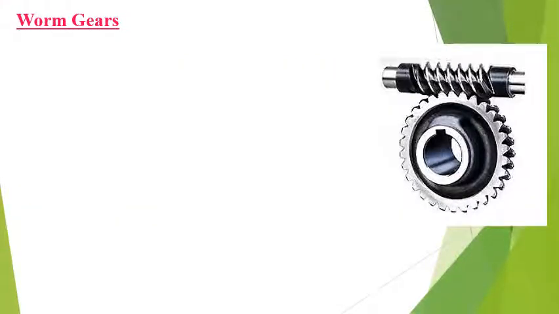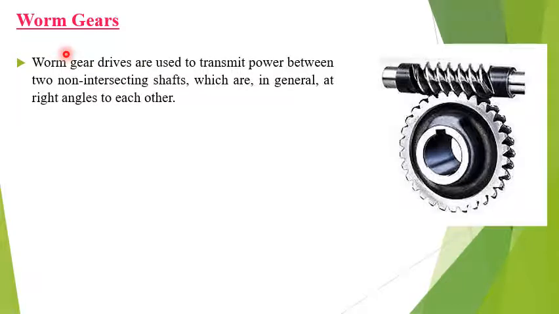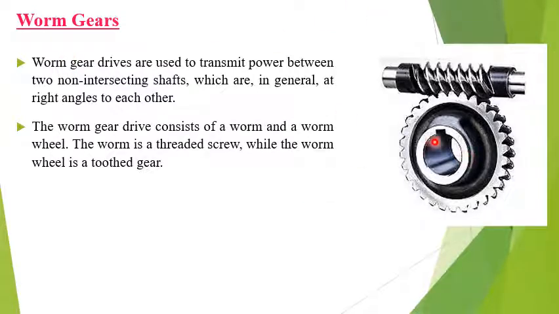Worm gears or worm gear drives are used to transmit power between two non-intersecting shafts, which are generally at right angles, or 90 degrees, to each other. As can be seen from the figure, a worm gear drive consists of a worm, which is nothing but a threaded screw, and a worm wheel or worm gear.